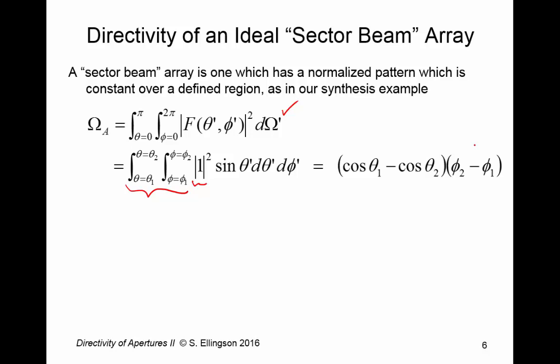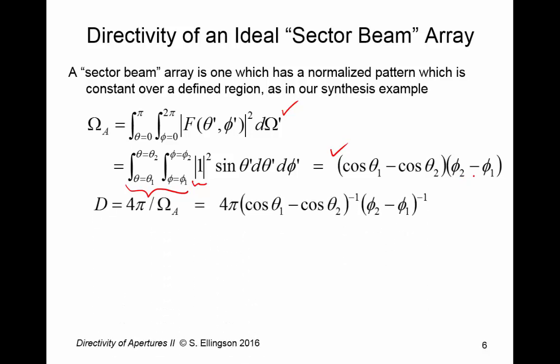And then I quickly find that the beam solid angle is the quantity cosine theta 1 minus cosine theta 2 times the quantity phi 2 minus phi 1. And now I can compute directivity. It's just 4 pi over beam solid angle. So I find the directivity in this case is 4 pi times that quantity, cosine theta 1 minus cosine theta 2, inverse, and then multiplied by phi 2 minus phi 1 inverse. So very straightforward expression.